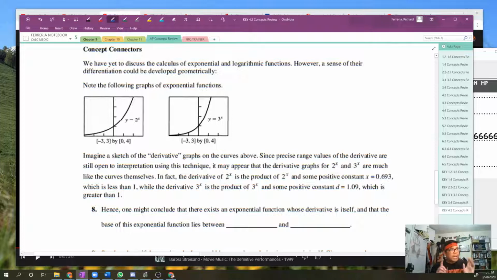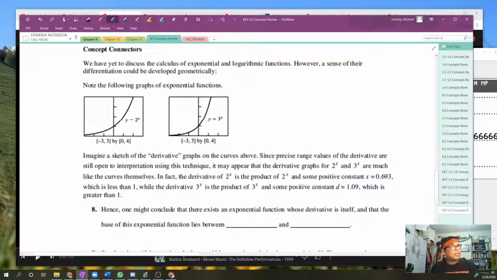So we can imagine that there is an exponential function where the derivative is the function itself, some number to the x power, multiplied by 1. So basically the function is its own derivative.